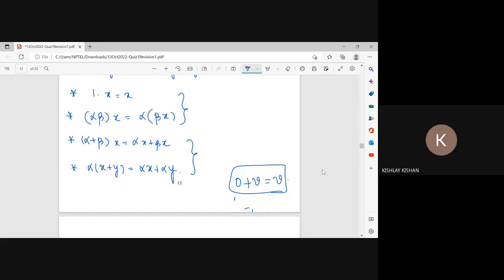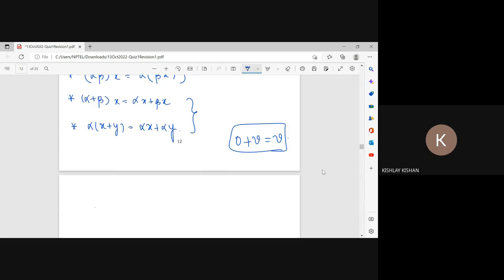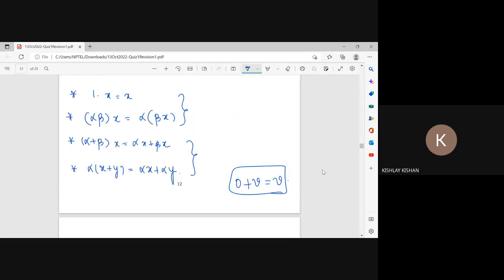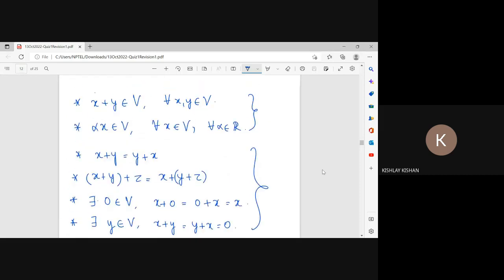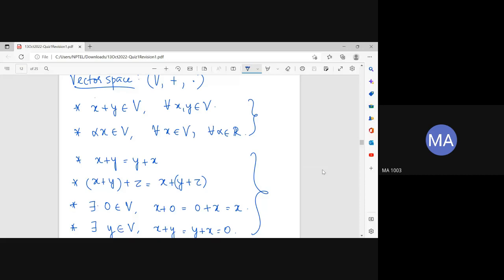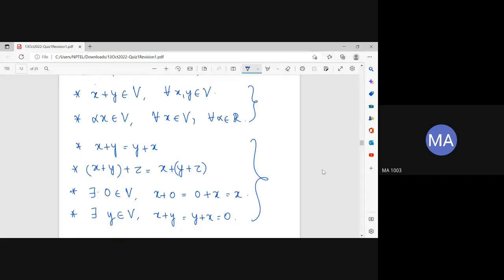Ma'am, say for any question there are 4 options. So for all options, we have to check all the 10 conditions, so we have to check 40 conditions? Yes, 10 for each. If I give you 4 sets, then you have to check whether each one is a vector space, and for each one you have to check the 10 conditions. Ma'am, there should be a technique to come up with.